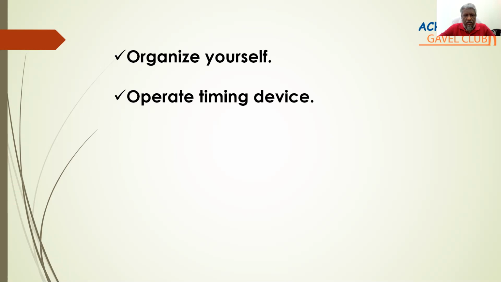Same way for other projects. If it is 5 to 7 minutes, 5 is green, 6 is yellow, 7 is red. For table topics, we have 1 minute green, 1.5 yellow, and 2 minutes red.